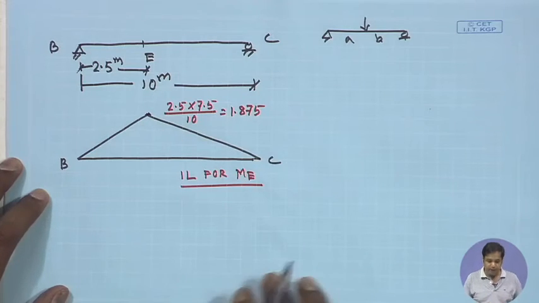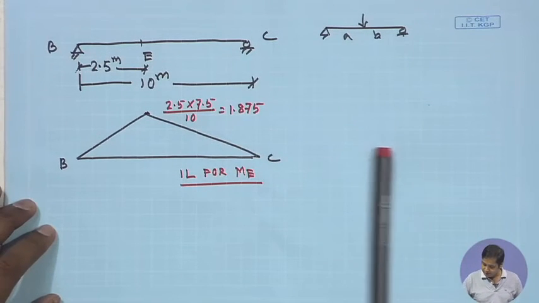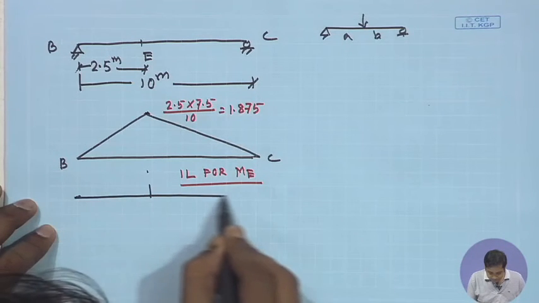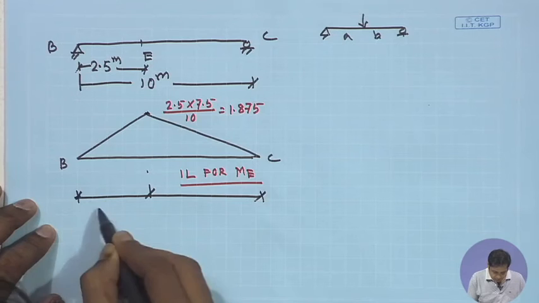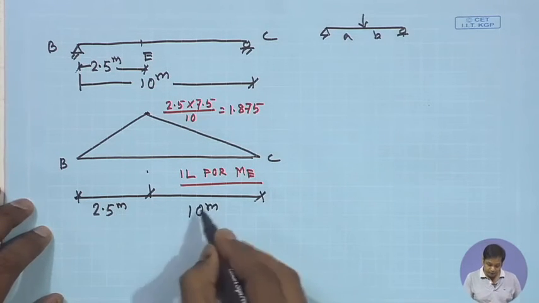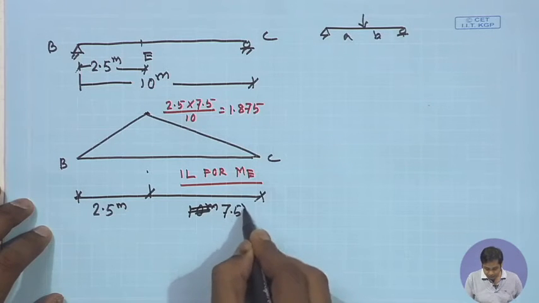This distance is 2.5 meter, this is 10 meter, and this is 7.5 meter.